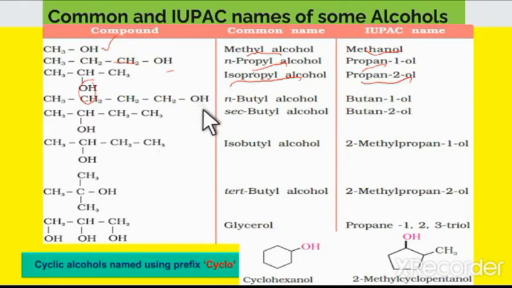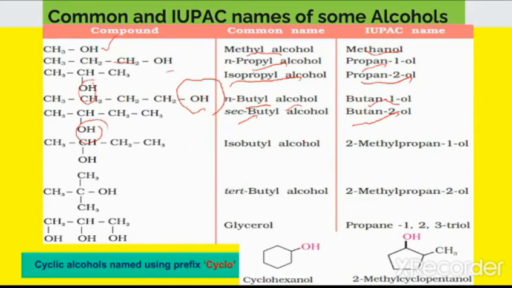In case of butane, if the first carbon has the OH group, the common name would be n-butyl alcohol, and the IUPAC name is butan-1-ol. In the same butane, if the hydroxy group is at the second position, the common name for that compound is secondary butyl alcohol, but the IUPAC name is butan-2-ol.